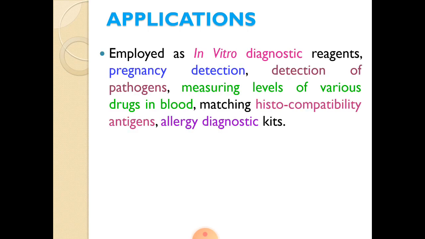Now students, after knowing how the monoclonal antibodies are synthesized, it is time for us to know their applicative values. They are employed as in vitro diagnostic reagents, in pregnancy detection, detection of pathogens, measuring levels of various drugs in blood, matching histocompatibility antigens, and allergy diagnostic kits.